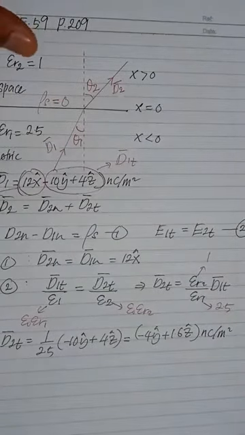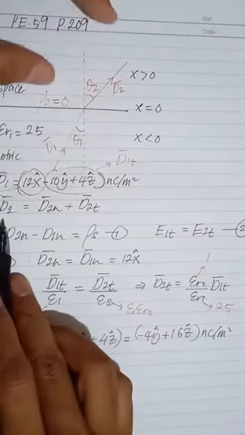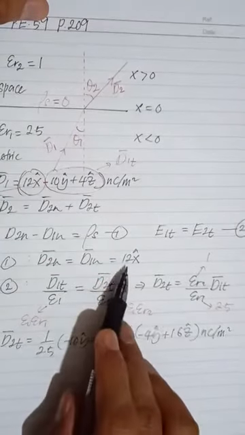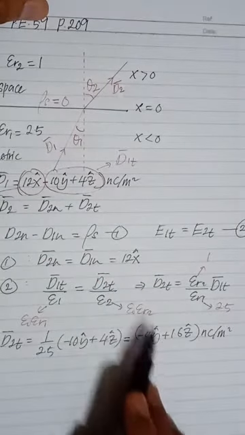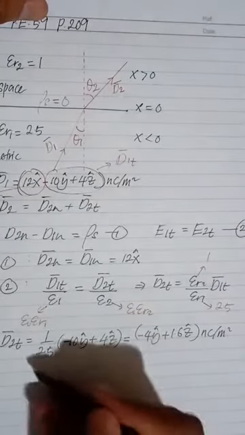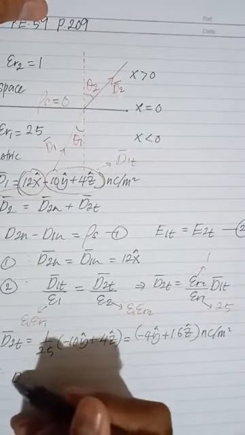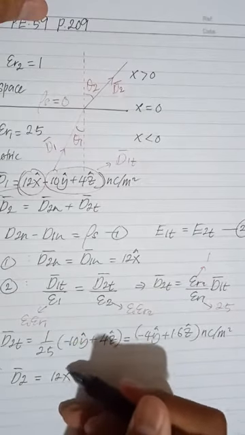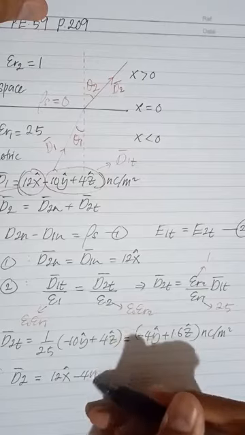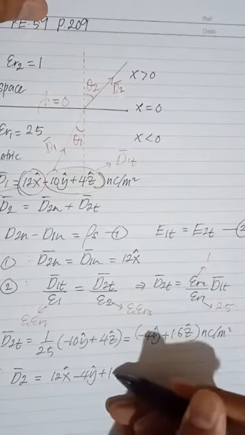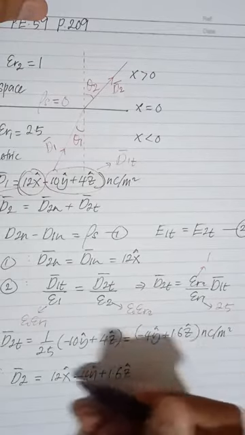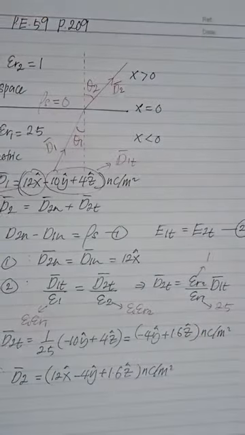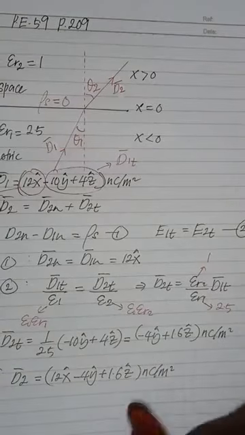So now let's combine them to find D2 as shown here. You need to combine the normal and tangential components. So this is your tangential component, this is your normal component, this is your tangential component. So D2 vector is equal to 12 x component minus 4 y component plus 1.6 z component nanocoulomb per meter squared. Alright, so done for that.